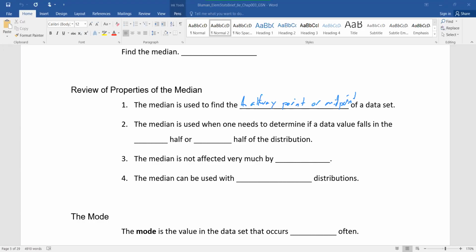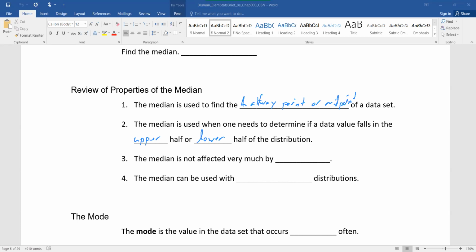It's still the middle of the data, right? So it's halfway point or midpoint of a data set. The median is used when one needs to determine if a data value falls in the upper half or the not upper half, also known as lower.